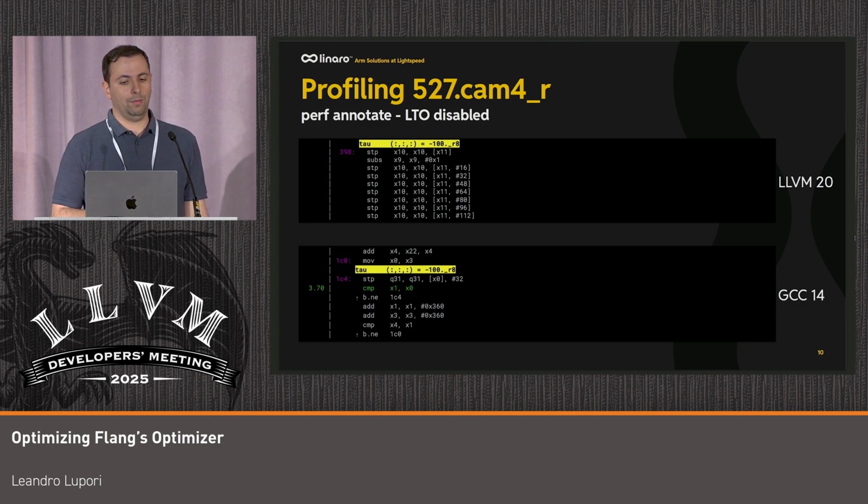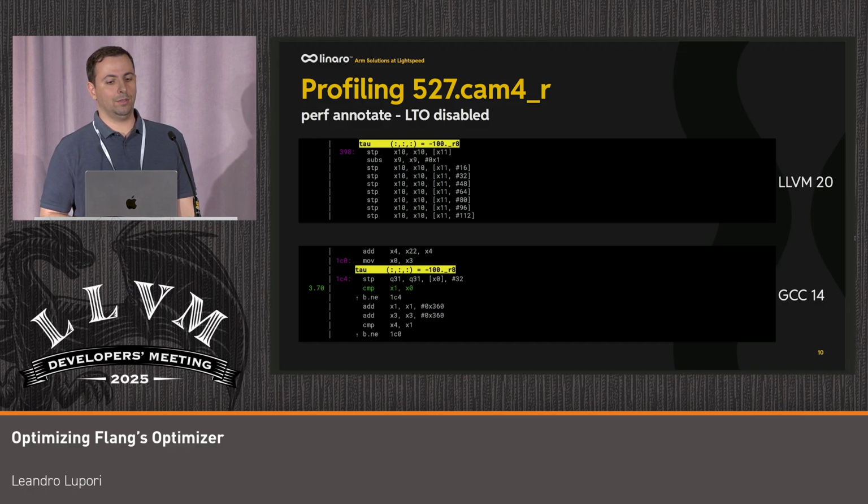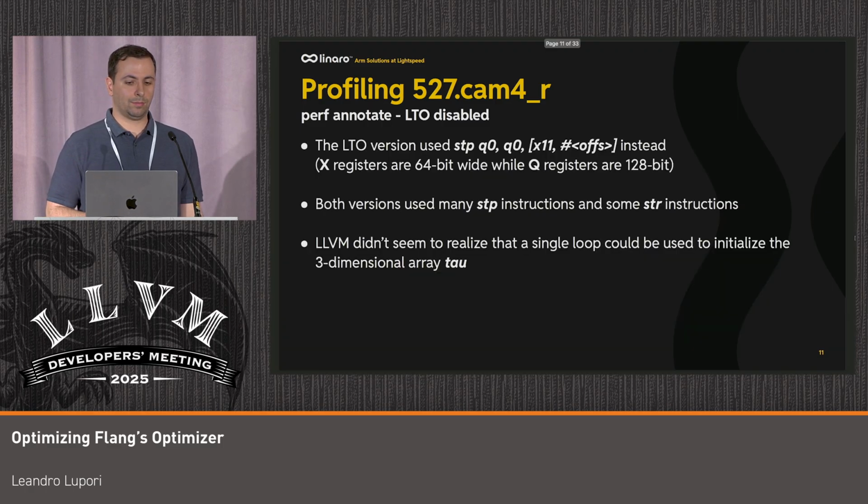And aer_rad_props is a large function, but something that called my attention was the initialization of three-dimensional arrays. And here we can see that LLVM used several store instructions, while GCC was able to initialize the array using two simple loops.